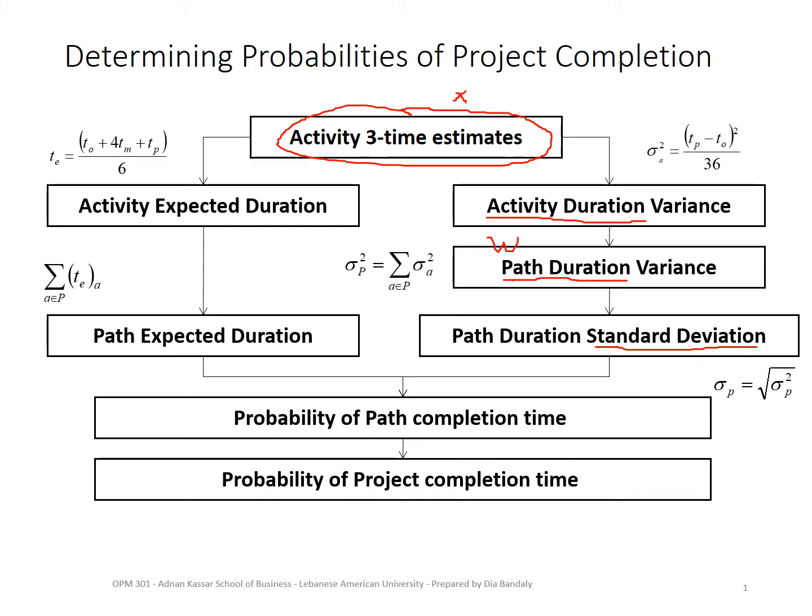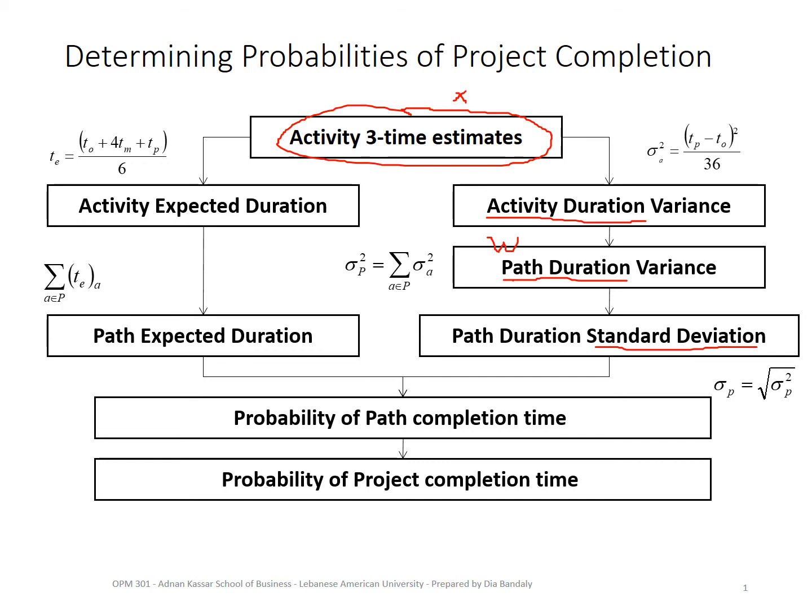How? In fact, here we have two approaches. In our textbook by Stevenson, it says that the probability of a project completion time is the product of the probabilities of all the path completion times.